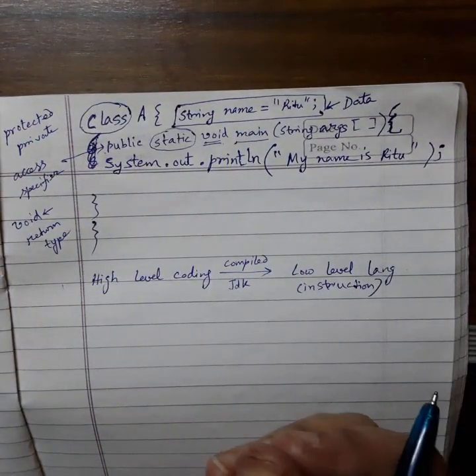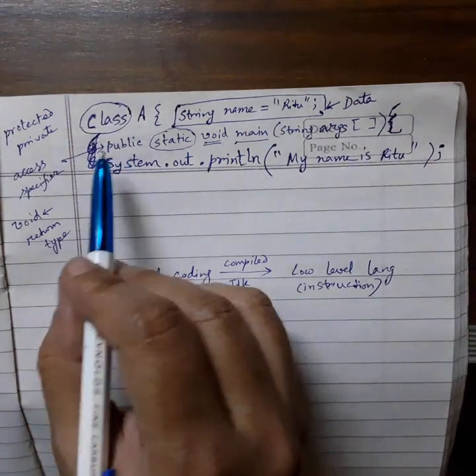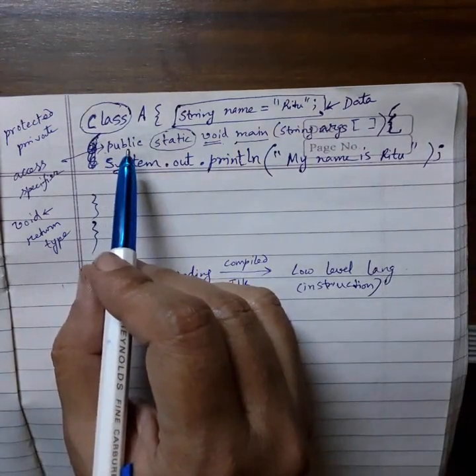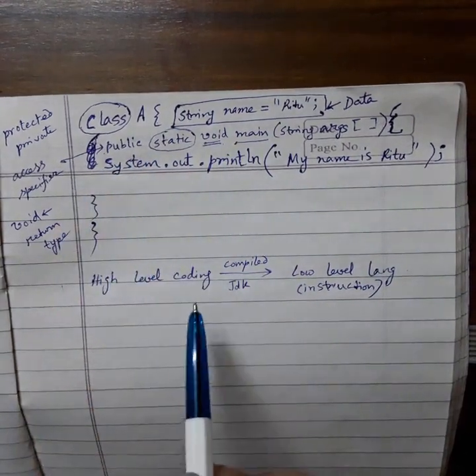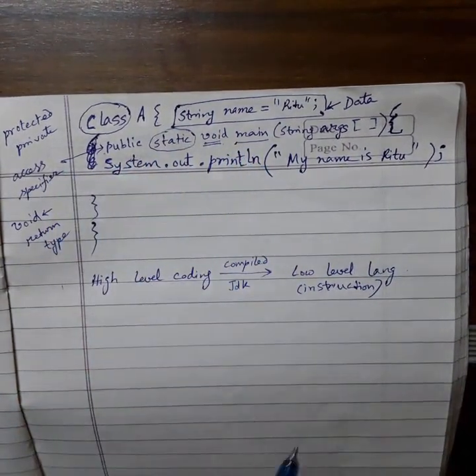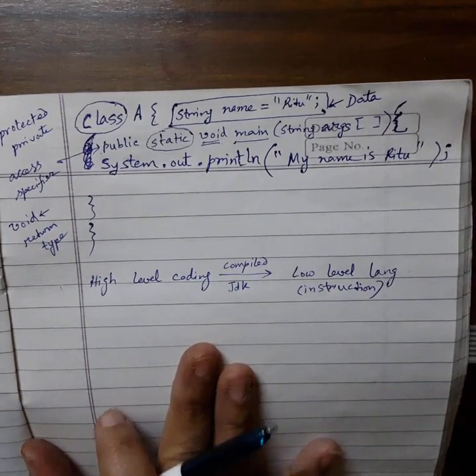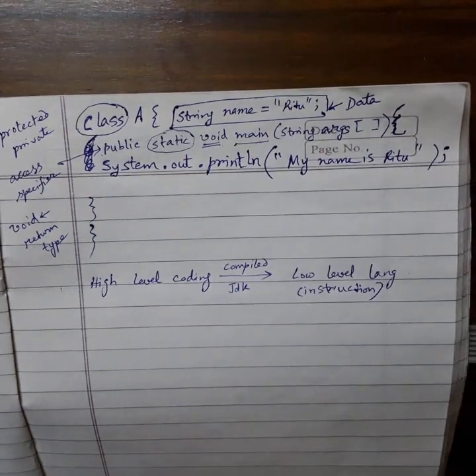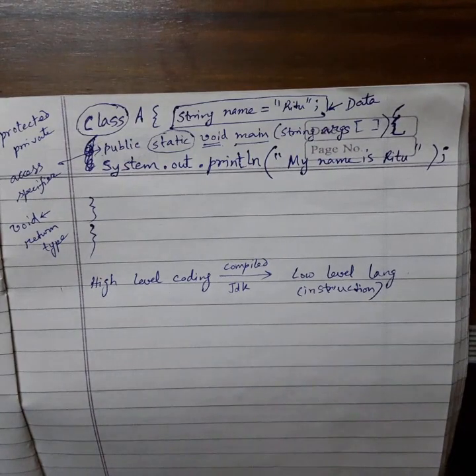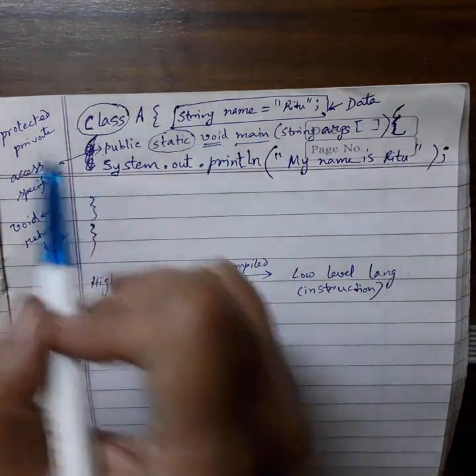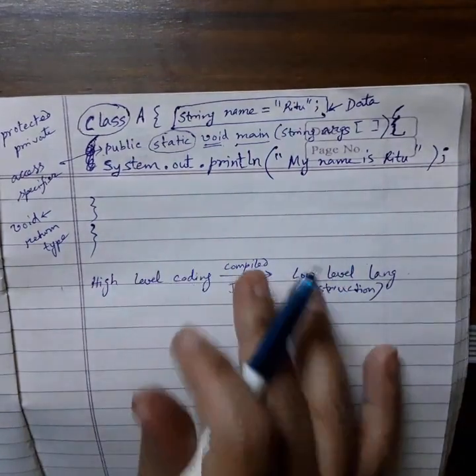If this is made private, it will be accessible only by this class, but compiler won't be able to access main method. It will throw an exception. It will compile, but it won't run. The program won't run. So it has to be public.